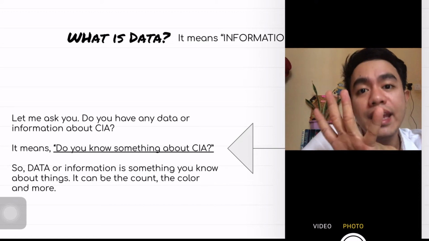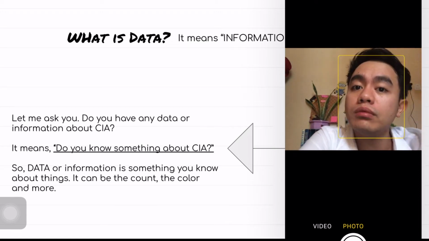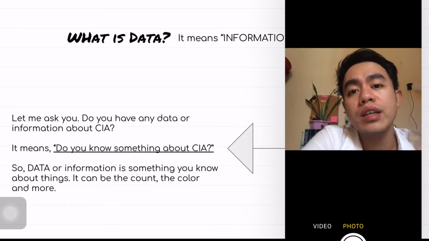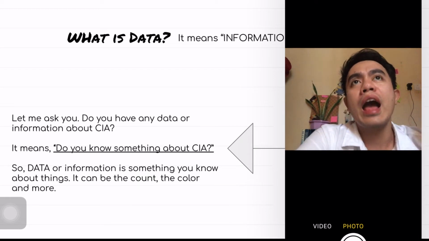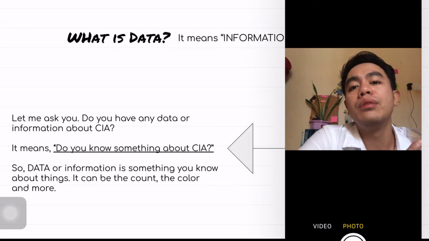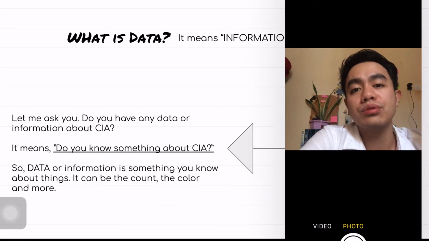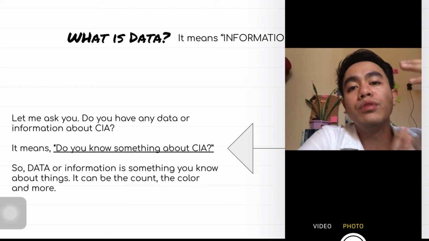That is data. When we say data, it's the information that you know about someone. If I ask you, can you tell me data about your family? You can say, I have 3 brothers, I have 1 sister, I have my grandmother in the house. So that's data. That is the meaning of the word data.